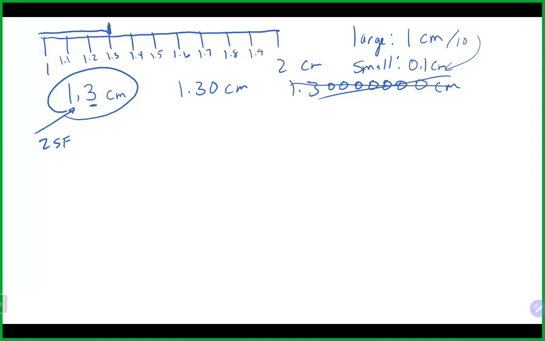So when we take this measurement of 1.3 centimeters, what we're really saying is I think it's 1.3, but maybe it's 1.4, maybe it is 1.2, right? When I look at this here, this guy has how many significant figures? It does have 3 significant figures, right? And the uncertain number in this one is a 0.